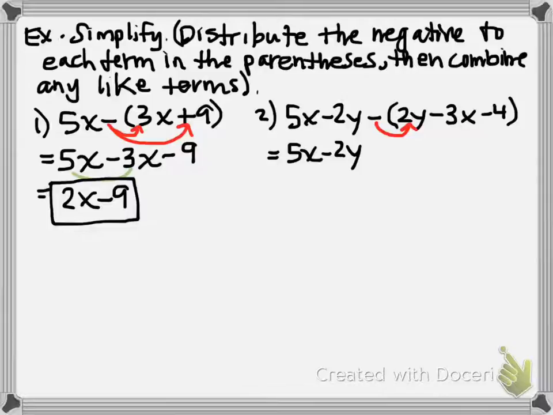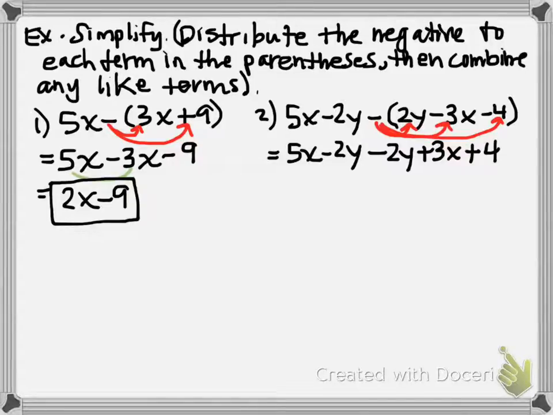So a negative times a positive is a negative 2y. And a negative times a negative will give me a positive 3x. And then a negative times a negative will give me a positive 4.